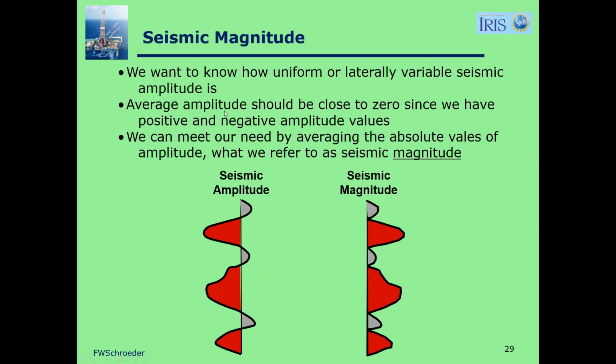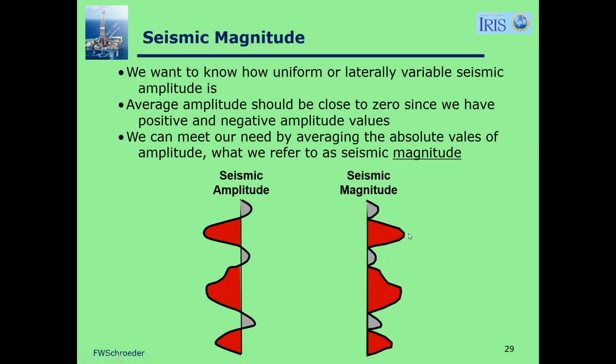The seismic attribute that I'm interested in is seismic magnitude. And what that is, I take all the seismic amplitude numbers, positives and negatives, and I take the absolute value. So if it's a negative number, I multiply it by a -1. If it's a positive number, I multiply it by a +1.